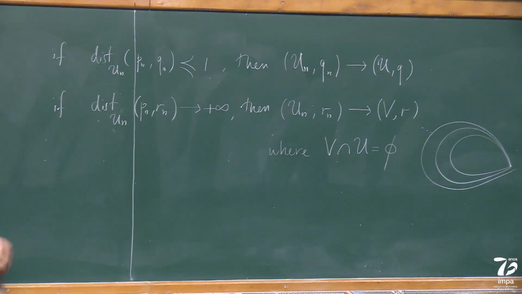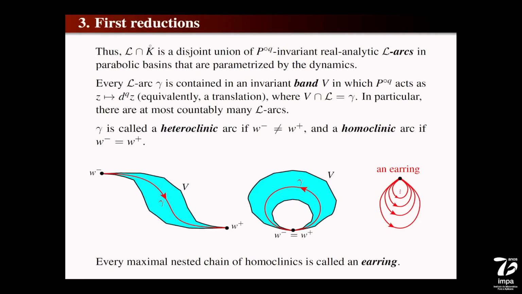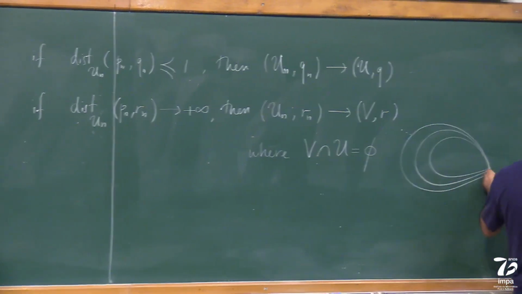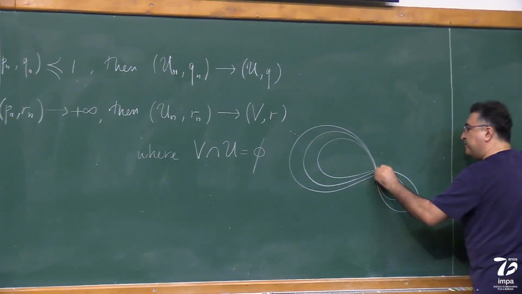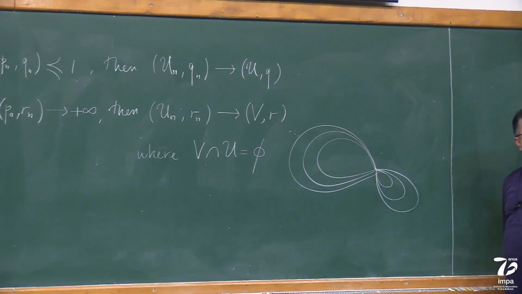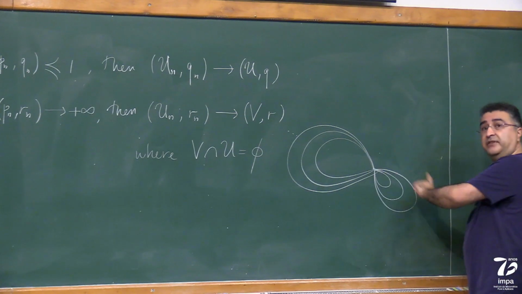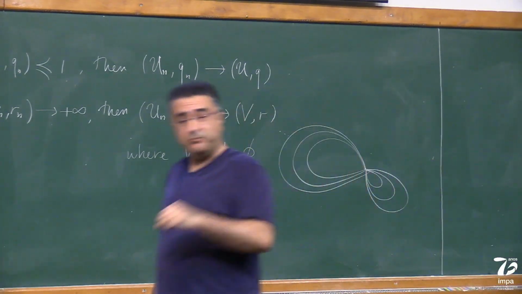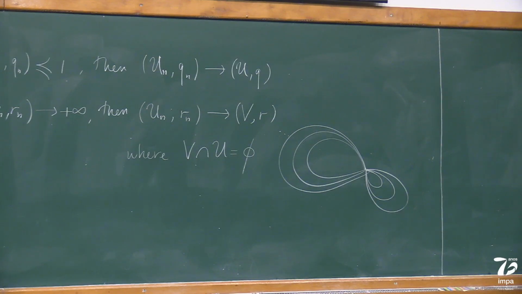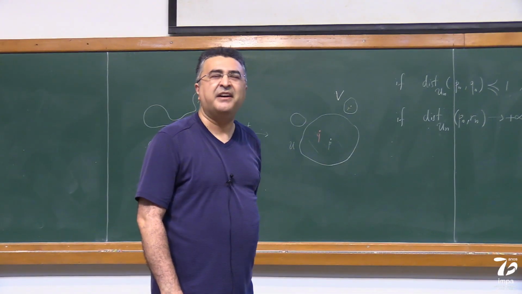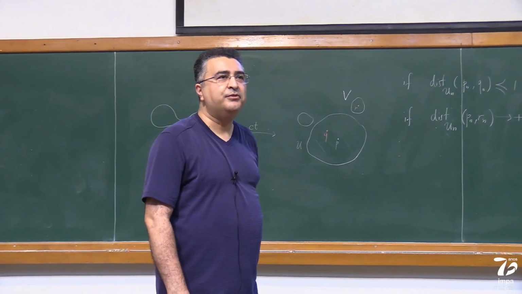Maybe you get infinitely many. But when I talk about an earring, the same parabolic point could have two different earrings attached to it. So these are considered different. And this happens in different basins, like different petals.